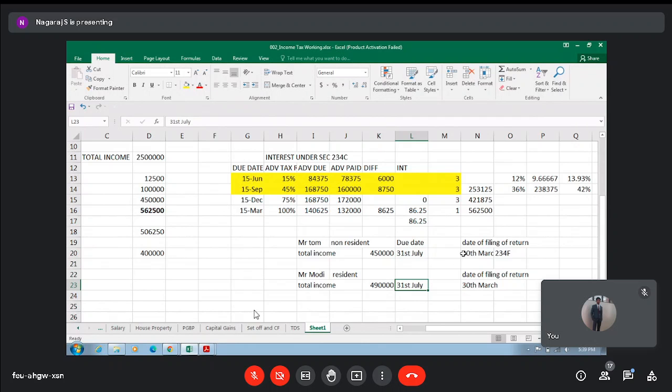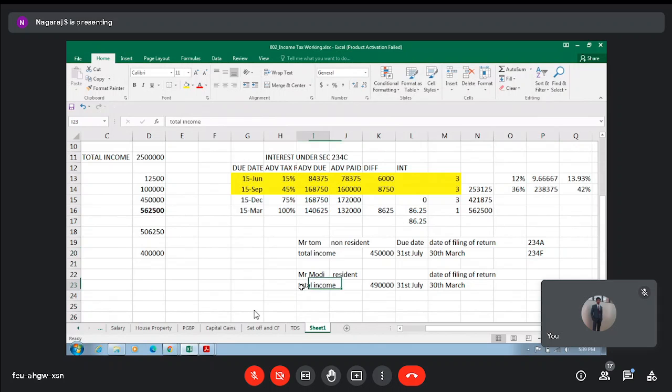What is the 234A interest for these two cases? $1,080 for Modi. For Modi, 1,080.